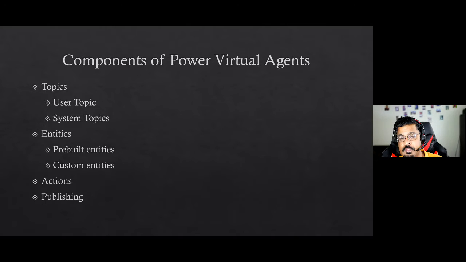If you want to know the exact location of the user, you can ask the user, let me know where you are located, Sydney or Melbourne or Brisbane or London or Paris or whatever. You can ask that question, and based on the user input, then you can show the answers. So that would be one action.